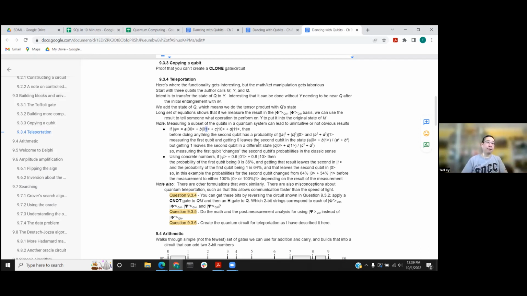If I have 4 apples and I measure one of the apples, the other 3 apples don't change. But in this case, measuring one part of a quantum subsystem does change the rest of it. And that's the phenomenon that allows this teleportation to happen, is that we're measuring something and fundamentally that is changing the Y qubit in a way that we end up with the initial state that Q was in.